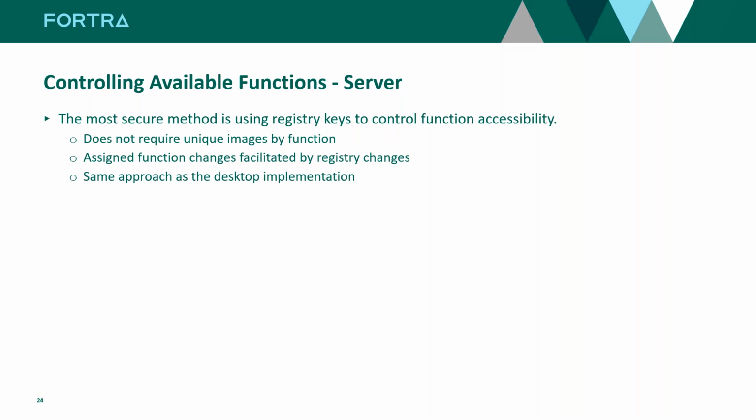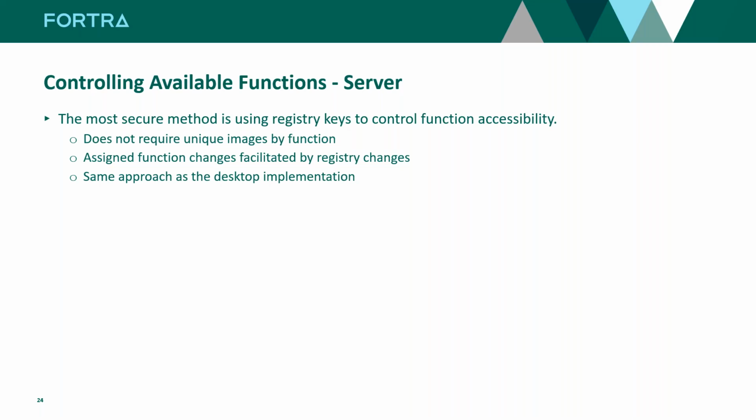So instead of having to maintain multiple unique images based upon the functions you want to provide, you can build one and then use the registry keys to control what features and functions the user has, even from the server.